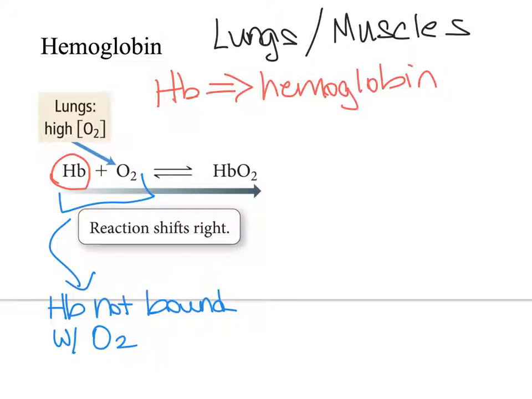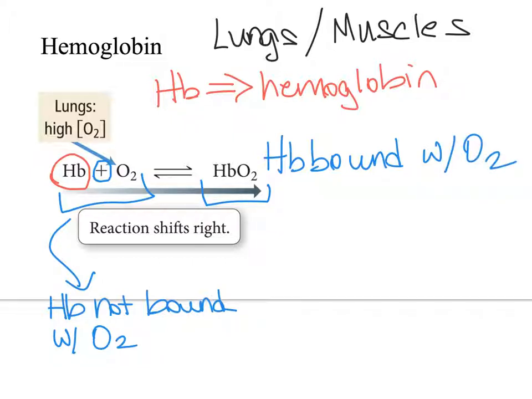You know that because the plus sign is shown there, showing that you have oxygen separate from hemoglobin. On the right-hand side, we have HbO2, which stands for hemoglobin bound with oxygen.